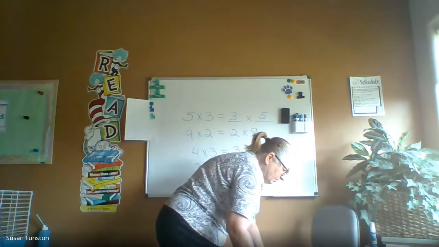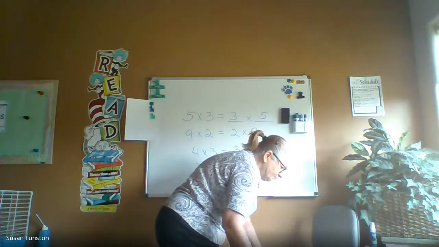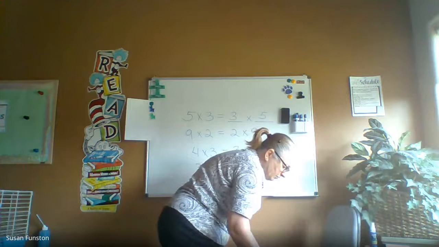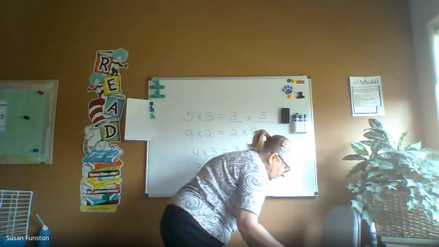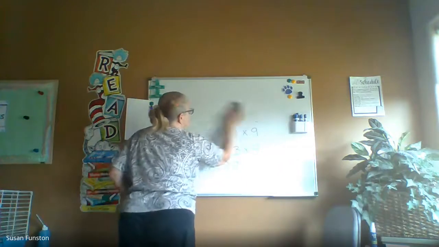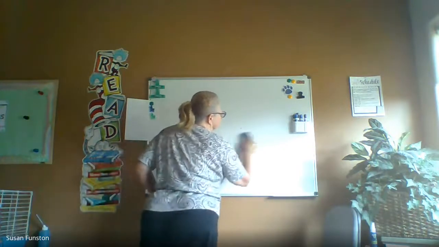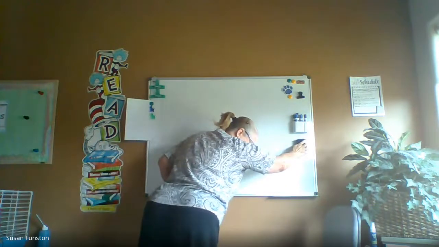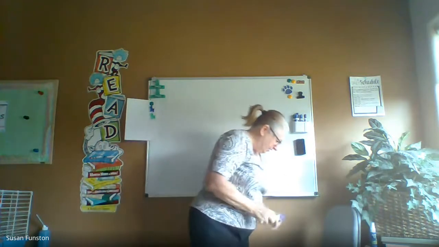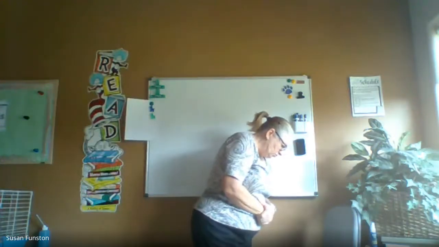All right, we are going to take a look at the problem set together for lesson 21. And on our first problem, they're telling us that Jason earns $6 per week for doing all his chores.